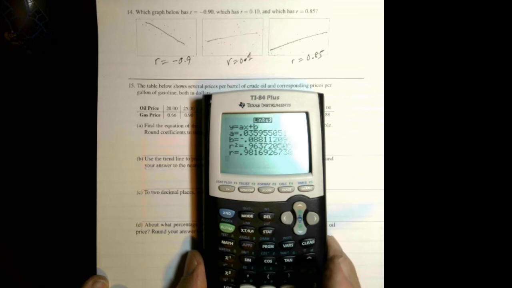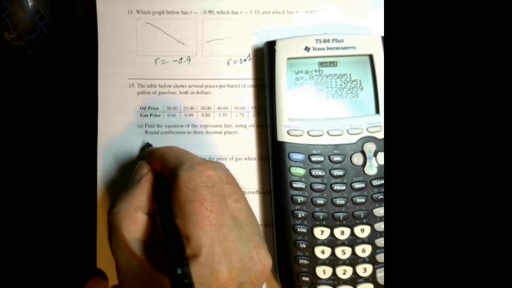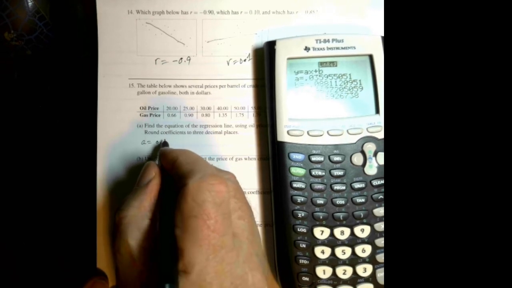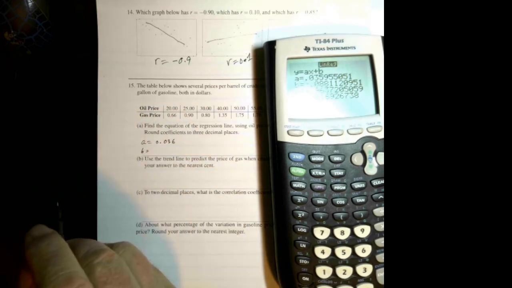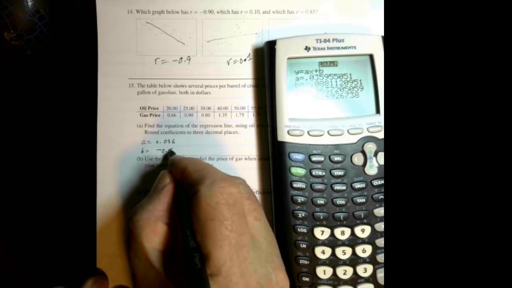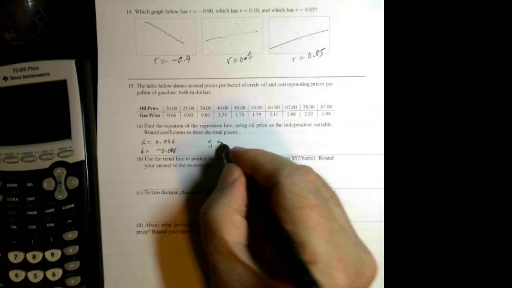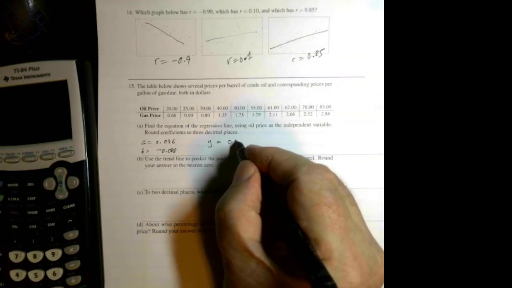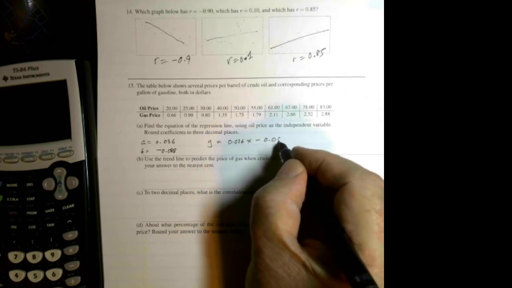So A is 0.0359, to 3 places 0.036, and to 3 places B is, no, it isn't, it's negative 0.088. So the equation of the regression line is going to be y equals 0.036x minus 0.088.